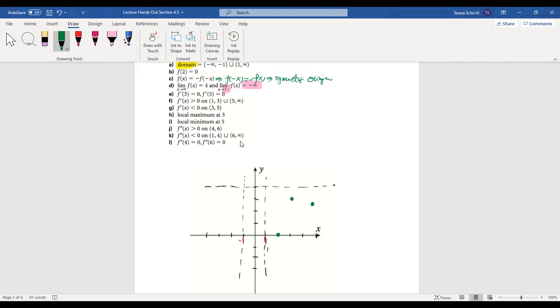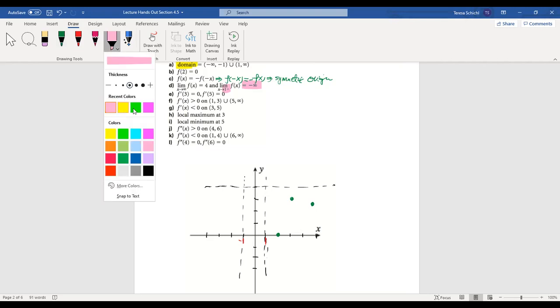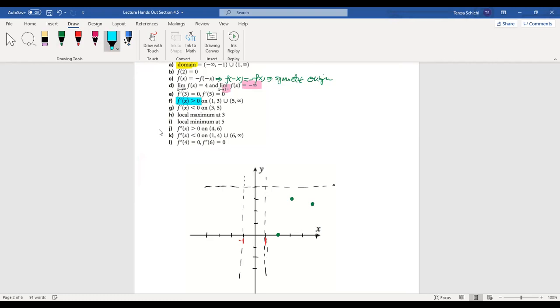Okay, so this marks my critical values. That means I could have a turn here. Then they said f prime of x is greater than 0 on 1 to 3 and on 5 to infinity. What do we mean by greater than 0?